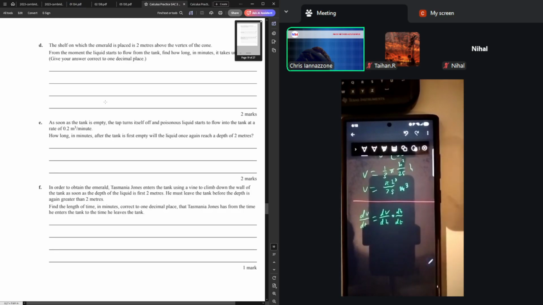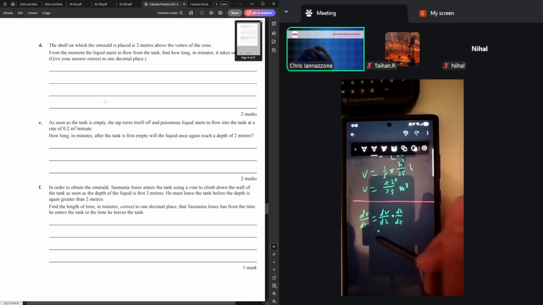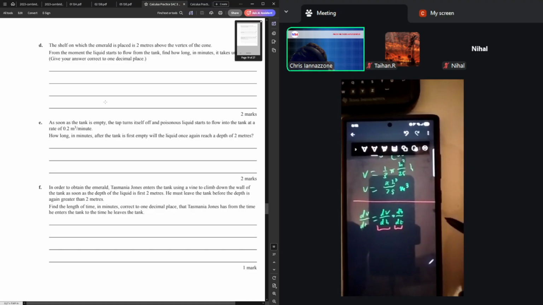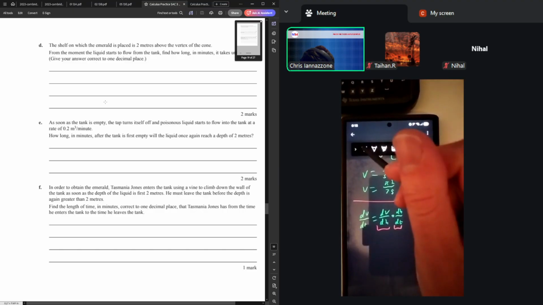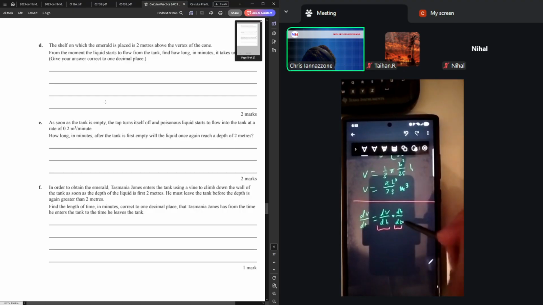dV on dh times dh on dt. So what you'll notice is when those cross out, you get dV dt equals dV dt. This is something we can calculate because we have a volume with respect to height equation. This is also something we can calculate. We have a height with respect to time equation. dV dt, we're told, is equal to 0.2.